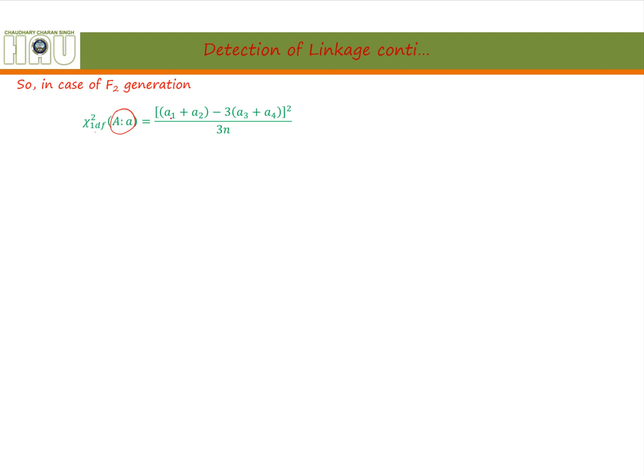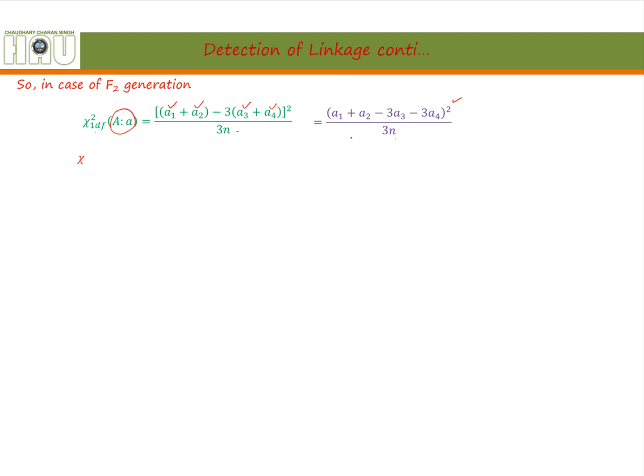The formula is (A1 plus A2 minus 3 times (A3 plus A4)) whole square divided by 3n. And if I simplify this, I will get (A1 plus A2 minus 3A3 minus 3A4) whole square divided by 3n.